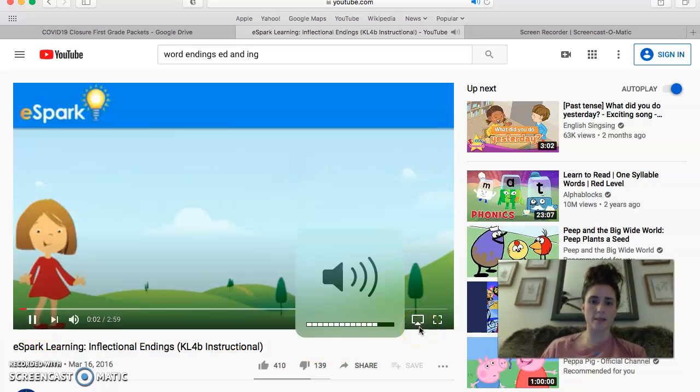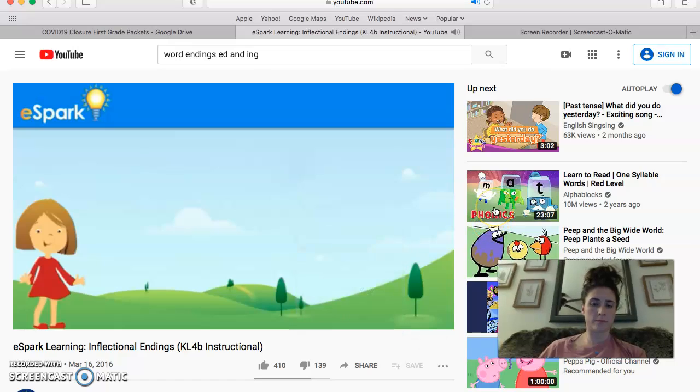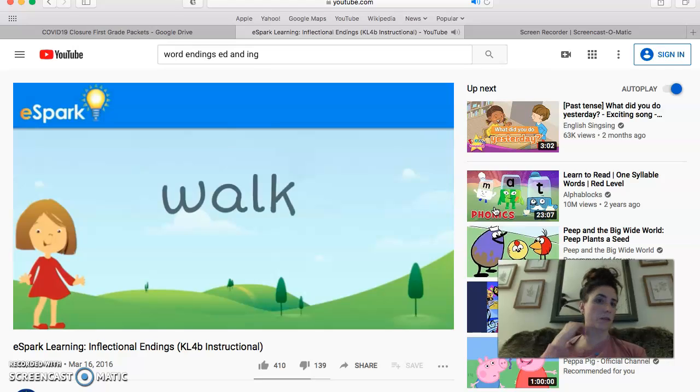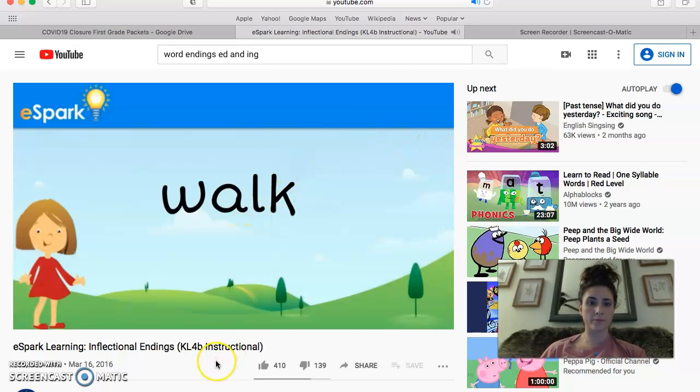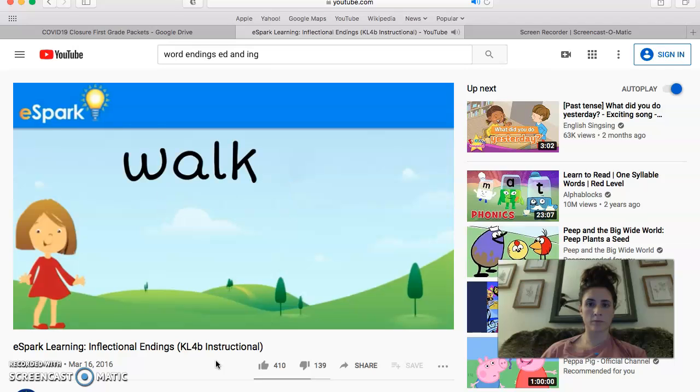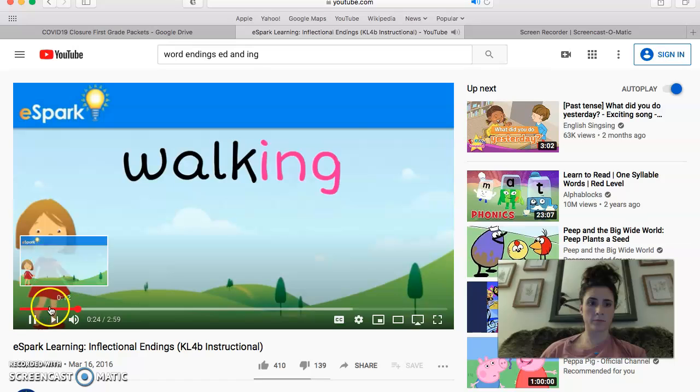Hey eSpark readers! Today we are going to learn about how adding different endings to a word can change the meaning of that word. Let's look at an example. I bet you know this word, walk. I am going to add the letters ing to the end of the word. Ing at the end of a word means something is happening right now.